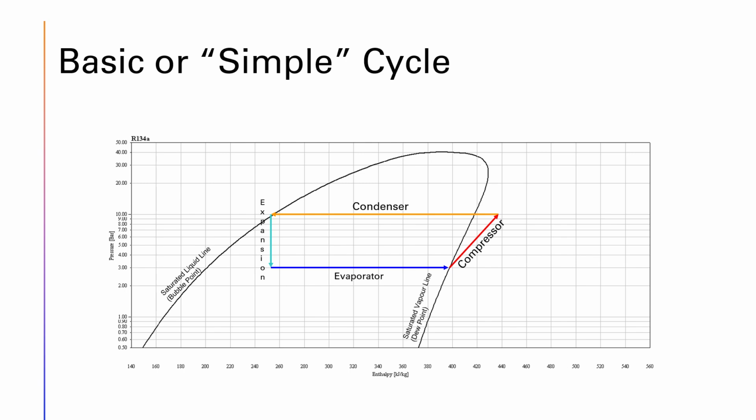As it moves along the evaporator towards the compressor, it's changing from a liquid back to a gas until it gets back to the compressor suction again. At this point, hopefully it's all gone back to being a gas, so we're not going to damage the compressor.